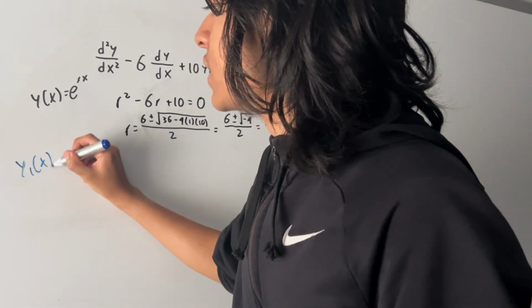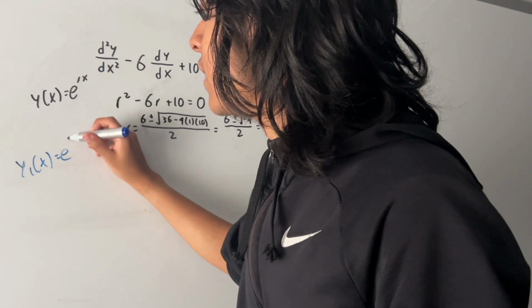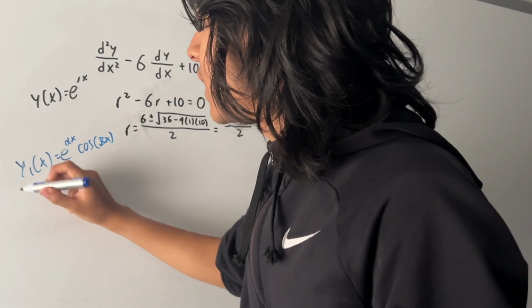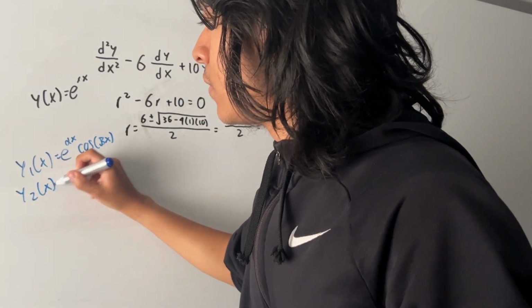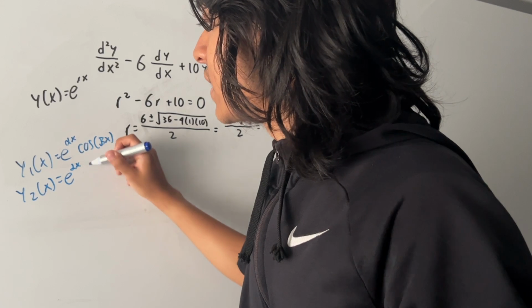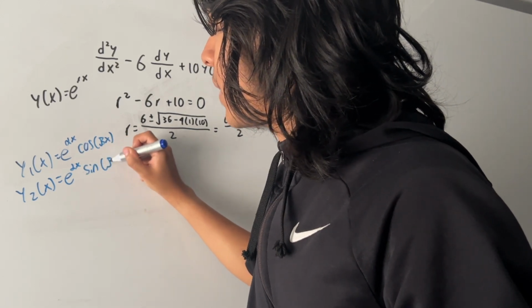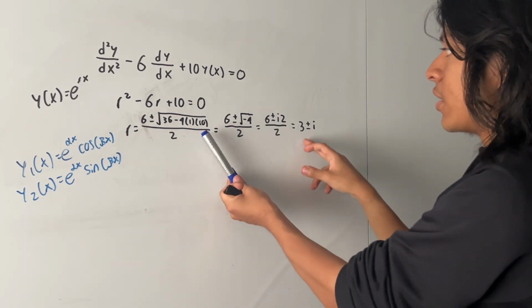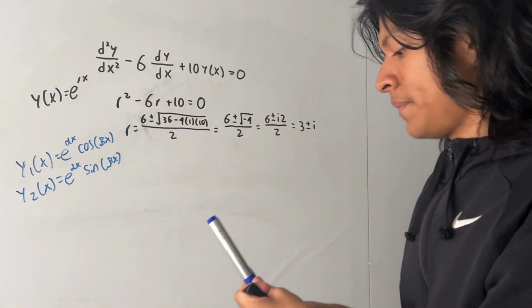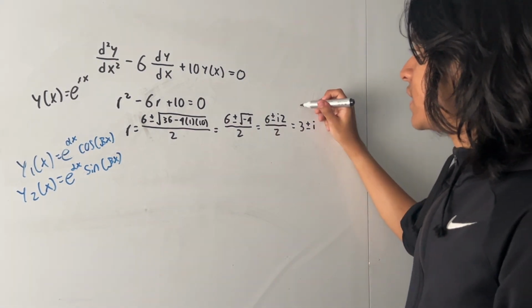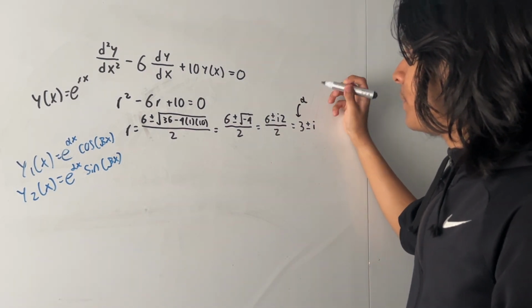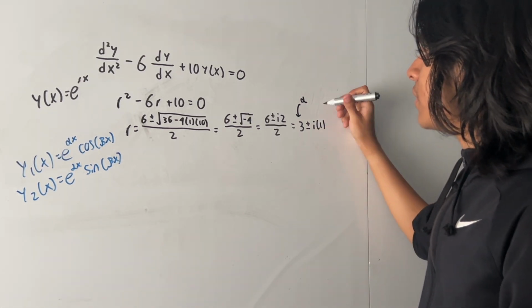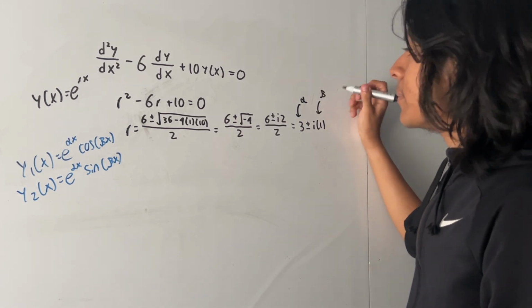We had the solutions in the form y1 equals e to the alpha x cosine of beta x, and y2, which is e to the alpha x sine of beta x. From this complex number for r, we can see that our alpha in this case is 3. And our beta in this case, there's secretly a 1 here. This is going to be our beta.